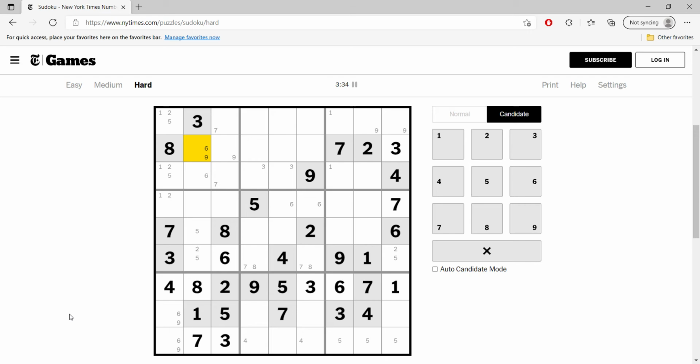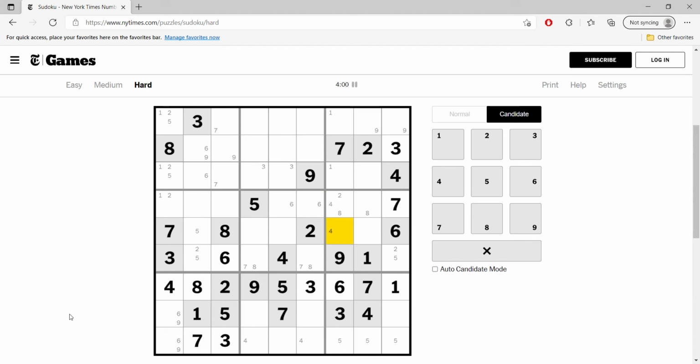Again, doesn't really give us anything. 8, we know 8s are in 2 cells like this. 4 is also just in 2 cells like this. And 2 is like this, 2, 4, 8.